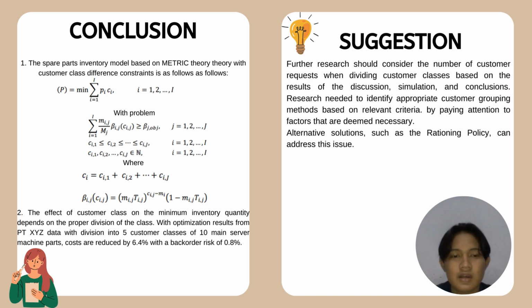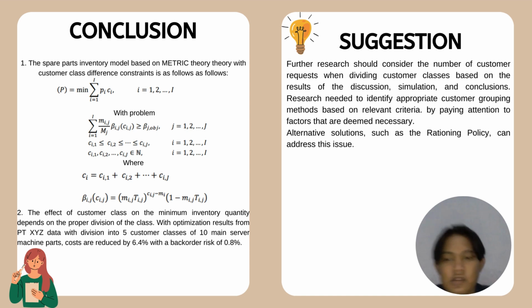So the last part is conclusion and suggestion. The first is conclusion. The first conclusion is the spare part inventory model based on metric theory with customer class difference constraint. And as you can see, this is the formula with the problem and the conclusion mathematical model.